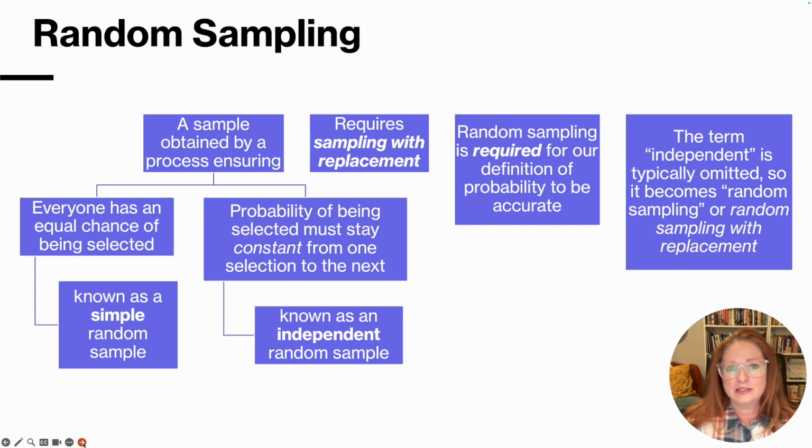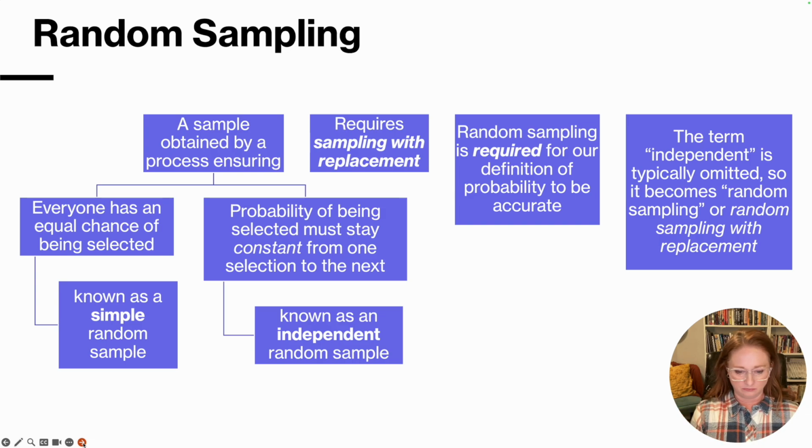Let's tease this out a little more. The long technical term would be independent random sampling with replacement, but we usually just refer to it as random sampling. If I have a hat and put 30 names in it, the first name I pull out is randomly sampled.